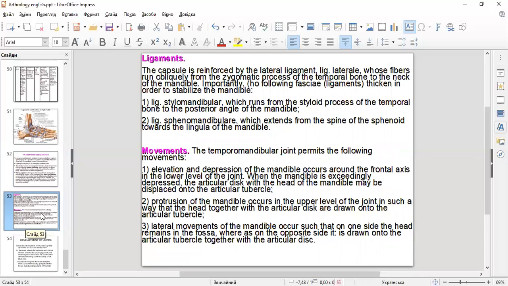Ligaments. The capsule is reinforced by the lateral ligament, ligamentum laterale, whose fibers run obliquely from the zygomatic process of the temporal bone to the neck of the mandible. Importantly, the following fascial ligaments thicken in order to stabilize the mandible.